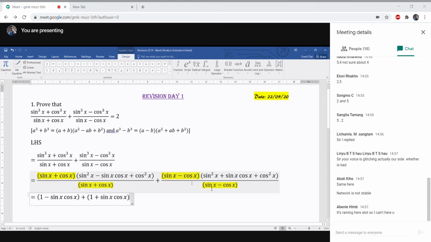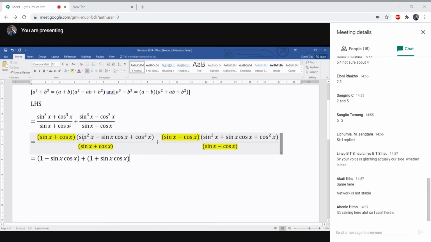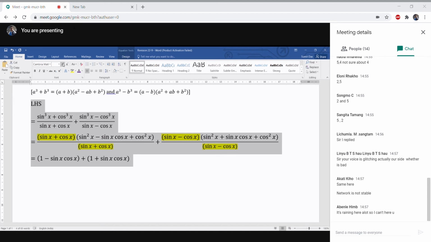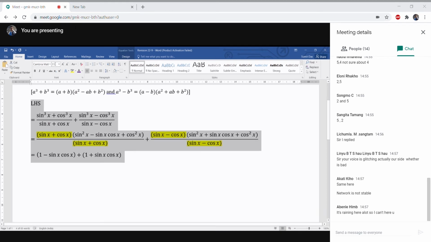In this line you can see sin x plus cos x and sin x plus cos x both are cancelled. So what will be left? Left will be sin square x minus sin x cos x plus cos square x, and here it will be sin square x plus sin x cos x plus cos square x.